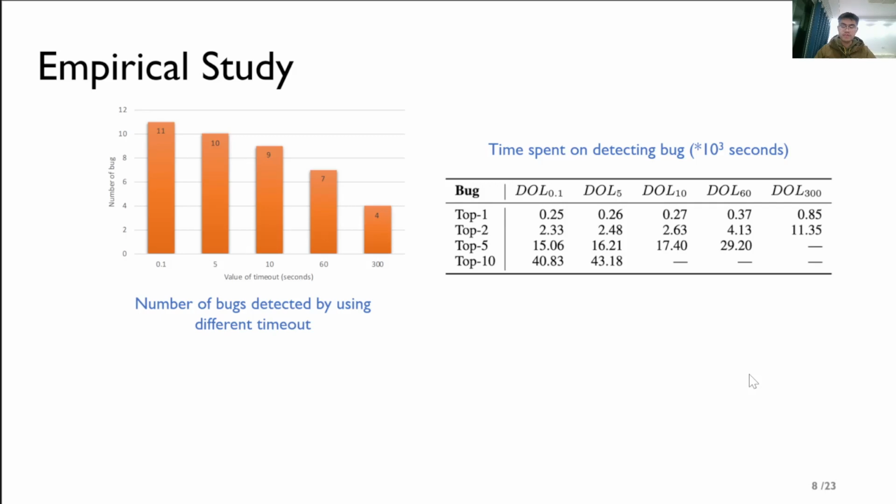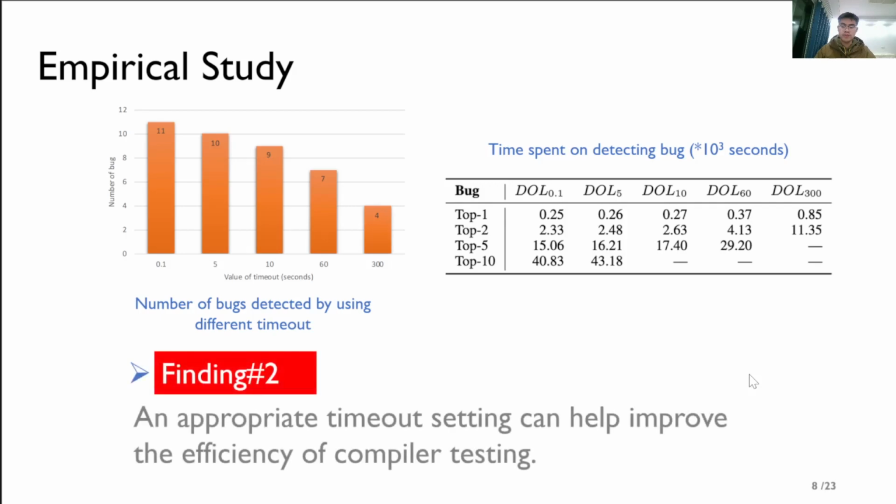The same goes for the other columns. DOL 0.1 spent less time on detecting top 1, top 2, top 5, and top 10 bugs than other approaches, and also found the most bugs. An appropriate timeout setting can help improve the efficiency of compiler testing.